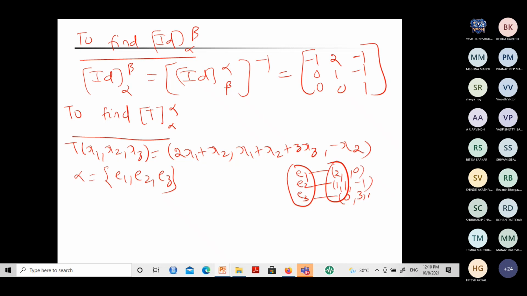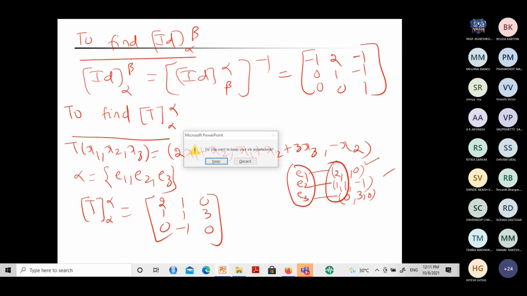Writing this as a linear combination of E1, E2, E3 is going to yield the same thing. So shall I write it directly? Yes, ma'am. What is T alpha to alpha? Very simple. Columns (2, 1, 0), (1, 1, 1), (0, 3, 0).